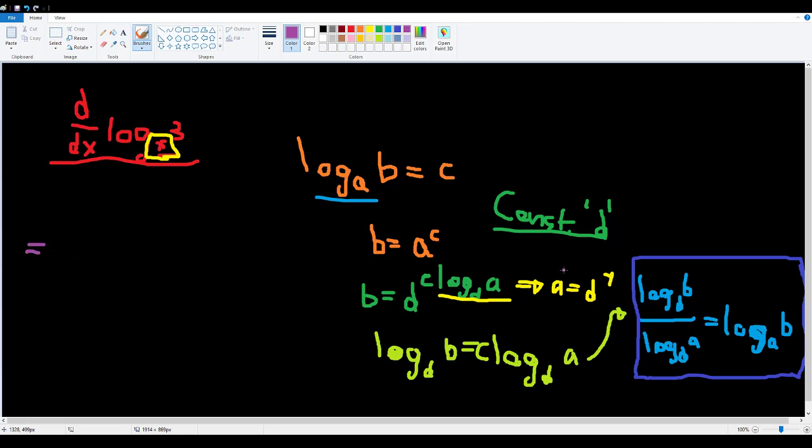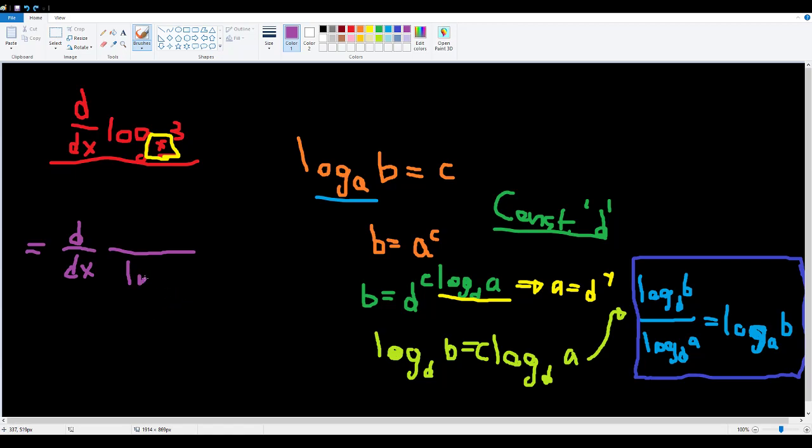we can see that our base is x. Now here, our base is a, and as you can see, a is on the bottom. So, just draw out our line, and our denominator is going to be d, so it's going to be d by dx. D by dx, and then the base is log, there we go, and then it's going to be base d, so we have to choose a base now.